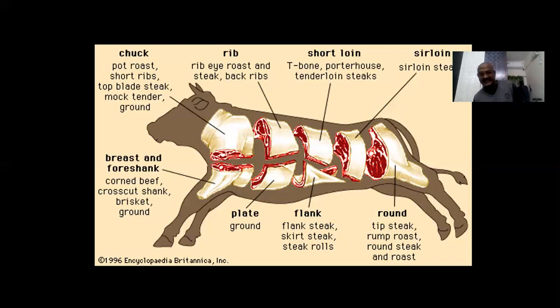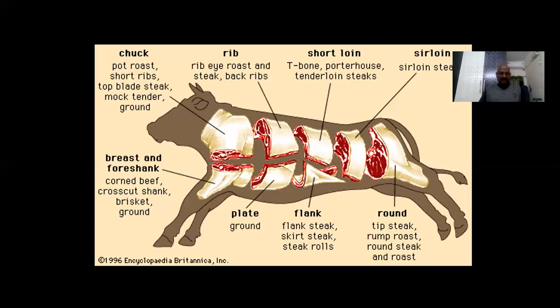Sirloin: all the sirloin steaks come from the sirloin, which contains fat, meat, and flesh, and is the rear part of the animal.